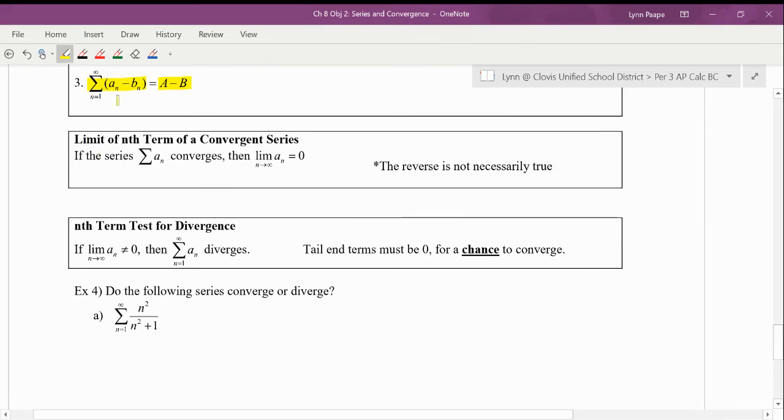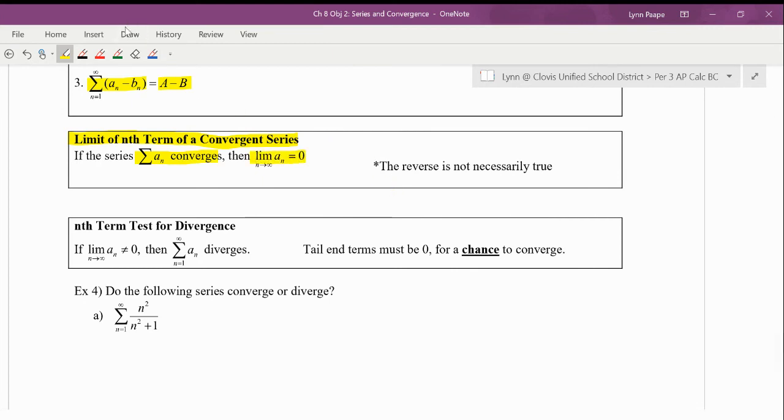All right, so let's take a look at our last little test. So remember what the goal here for our chapter 8 is. The basic question is, does a series converge? Does it diverge? So everything we're learning here is different tests to determine, given a particular function, will it converge, will it diverge? So that's just kind of our beginning basis. So this is called the limit of the nth term of a convergent series. If you know that a series converges, the limit of the sequence has to equal 0.